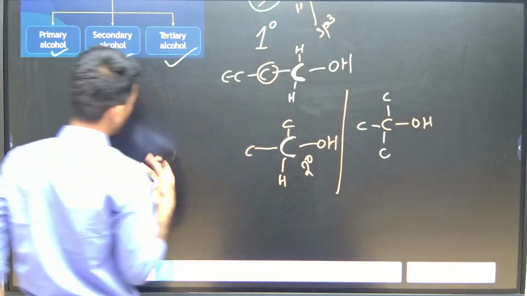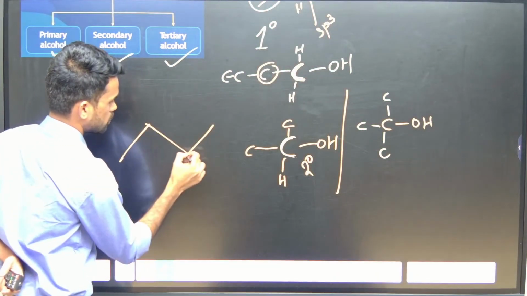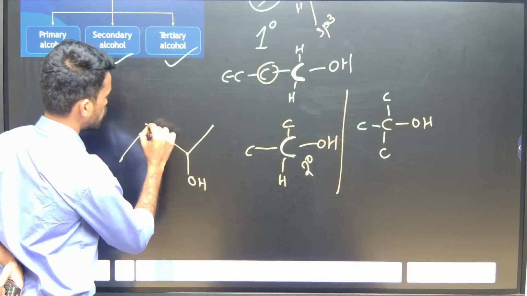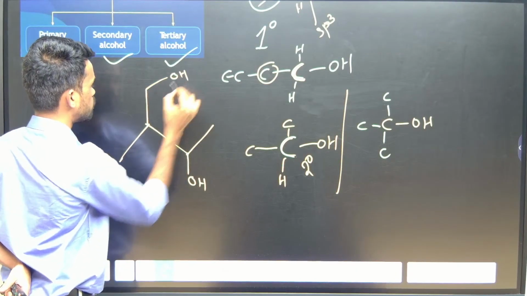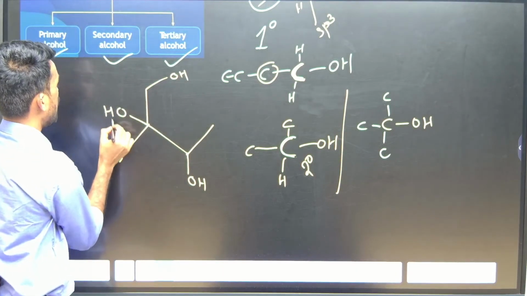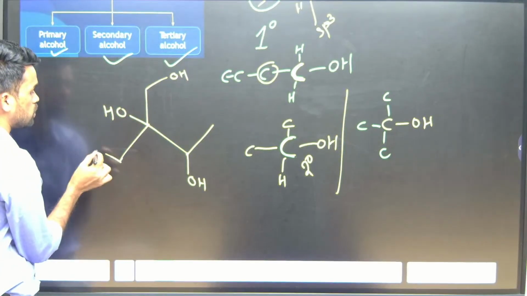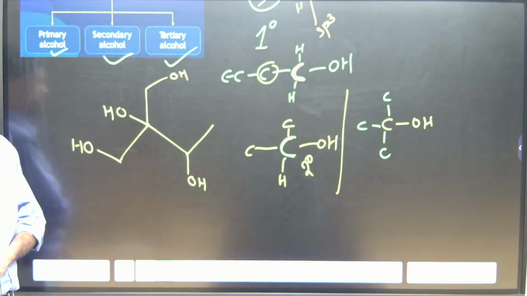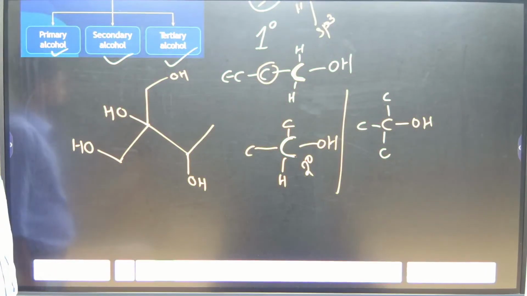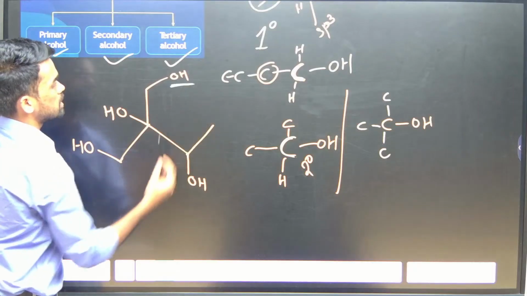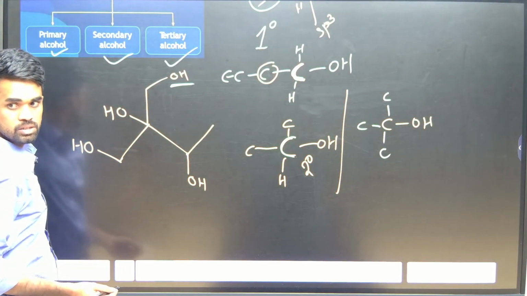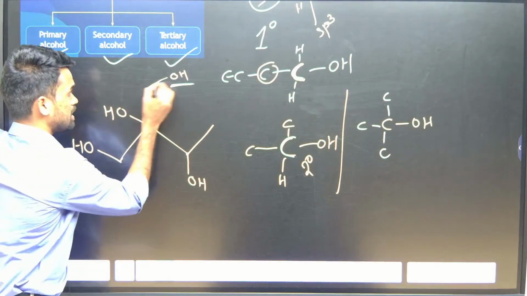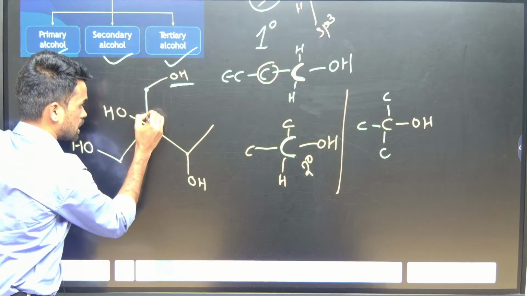Now just identify here: OH group, OH group, OH group. Identify primary, secondary, tertiary out of all the OH groups which I have placed on the compound. This top one, tell me whether it is primary, secondary or tertiary. It is attached to a carbon which is directly attached to only one carbon.